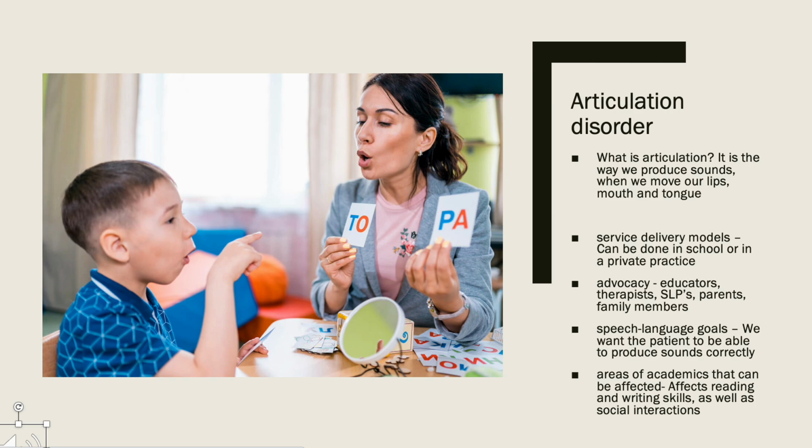Our speech language goals for an articulation disorder are that we would want the patient to be able to produce sounds correctly and be able to communicate with others as well. The areas of academics that can be affected: it can affect reading and writing skills, and also social interactions with peers.